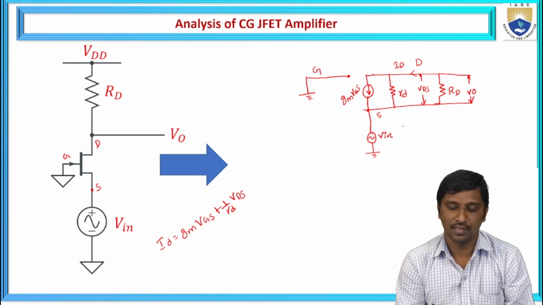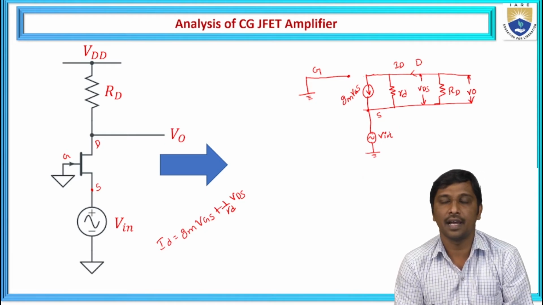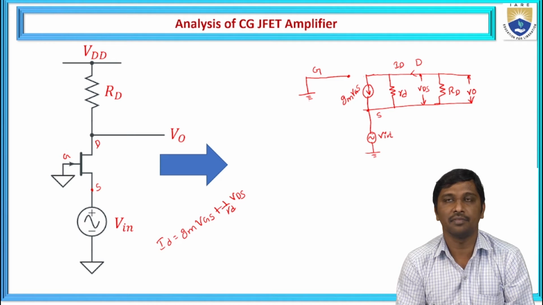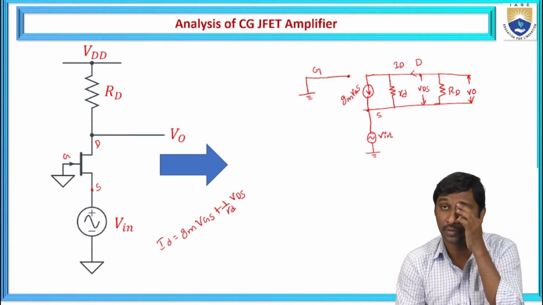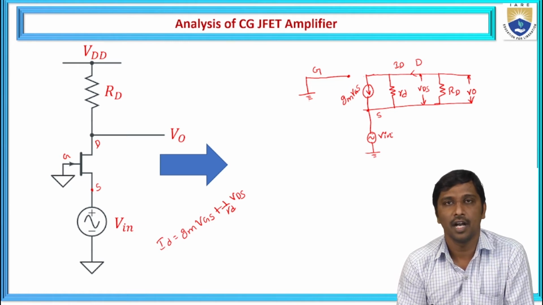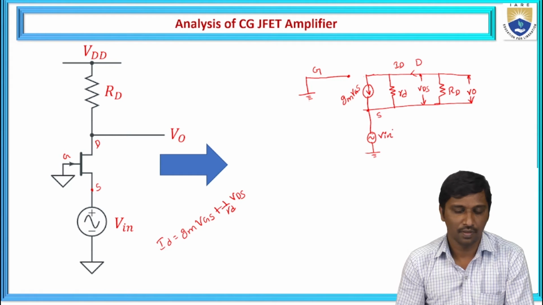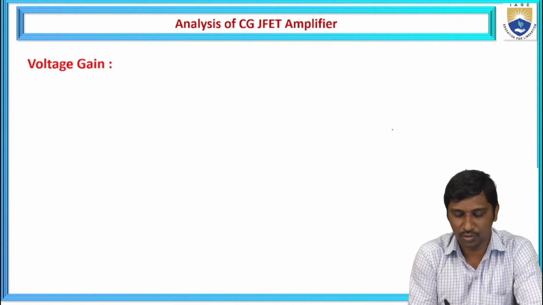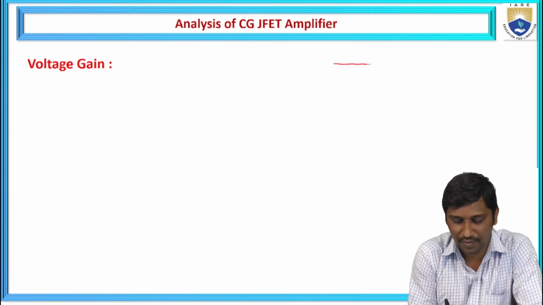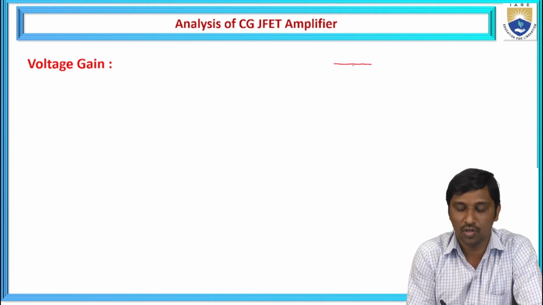So by using this small signal analysis of the common gate JFET amplifier, now we are going to determine parameters like voltage gain, input impedance, as well as output impedance. Now I'm going to calculate the voltage gain. To determine this voltage gain, we require this small signal model.